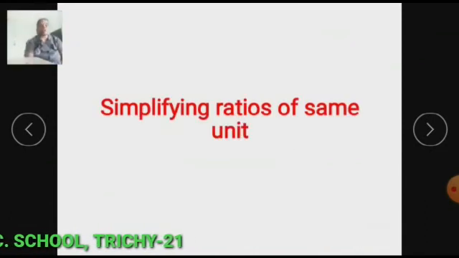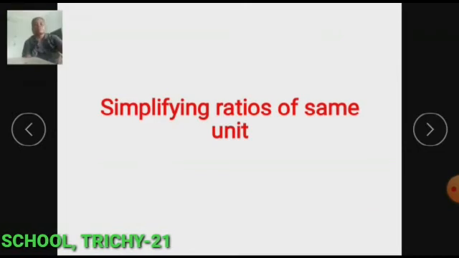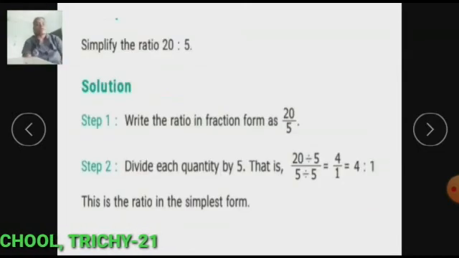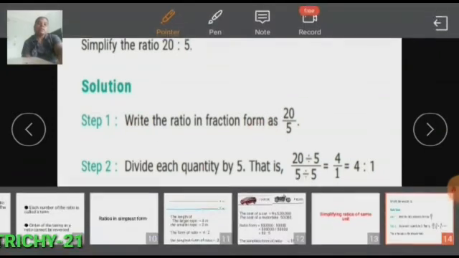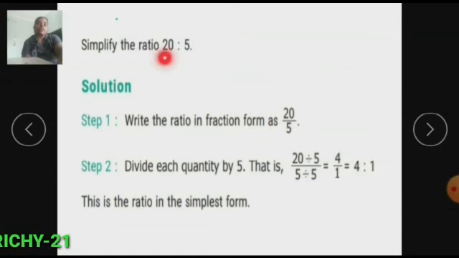Simplifying ratios of same unit. For example 1. Simplify the ratio 20:5. To simplify the given ratio, first we write the ratio in the fraction form as 20 by 5. Step 2. Divide each quantity by 5.